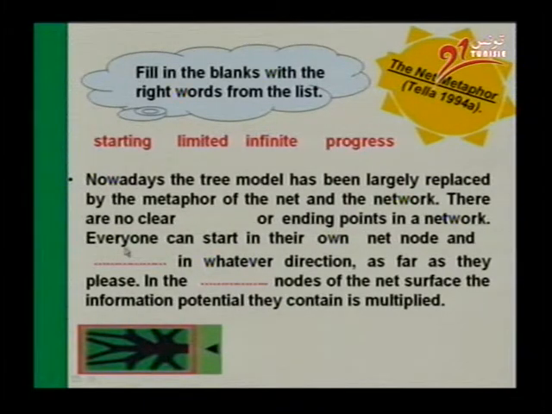The second one here: everyone can start in their own net node and in whatever direction. If I say they can start and they can, of course I need another verb here, and the verb that I have in my list is progress. So they can progress in whatever direction as far as they please.